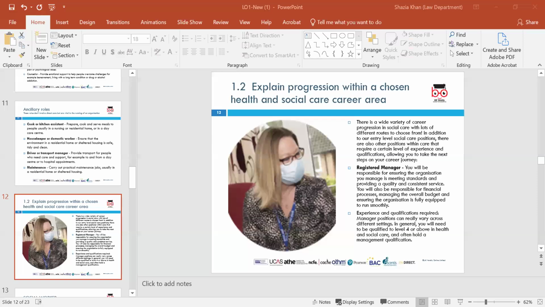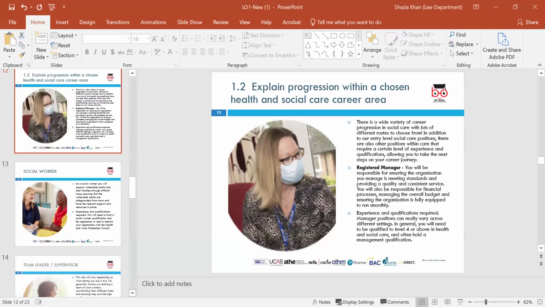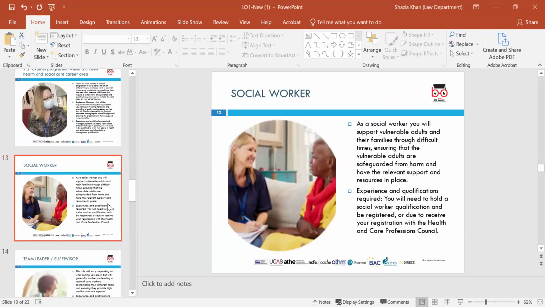You need to be responsible for ensuring that you're able to run the organization. You're responsible for people, budgets, policies. It's a big responsibility, isn't it? So, you need to have that level of qualification, but also you are committed, and you have experience and qualifications.